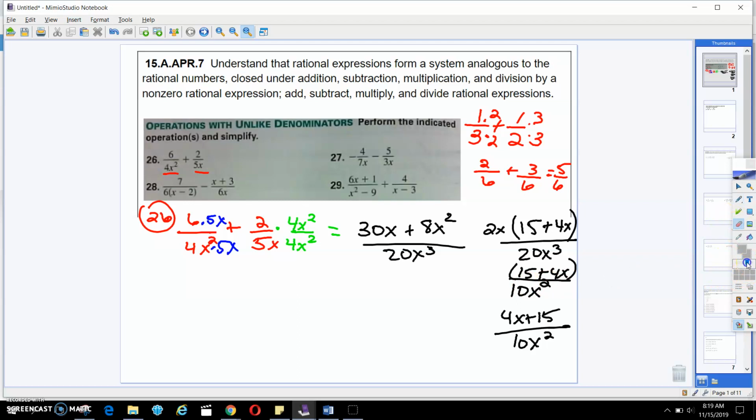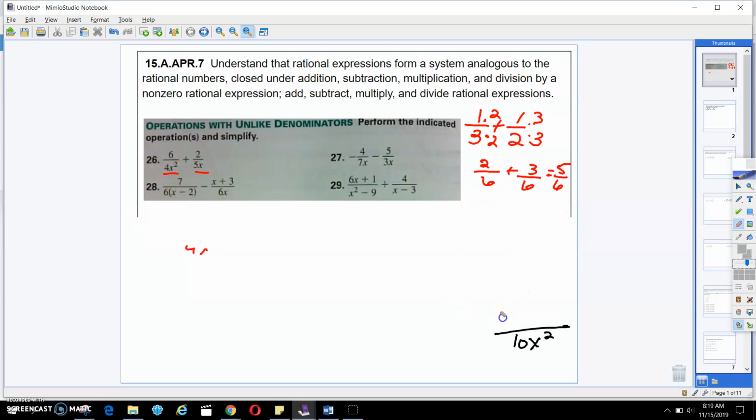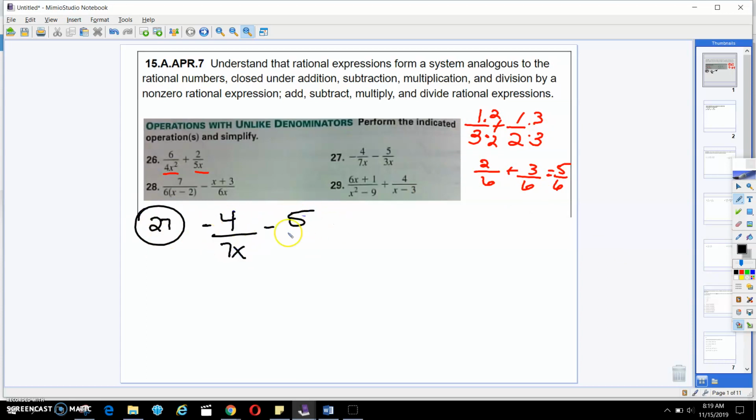So next we're going to work through 27. Keeping this whole process in mind, on 27 you're going to multiply by what's in the denominator. For instance, we're going to multiply by 7x over here and 3x over here.